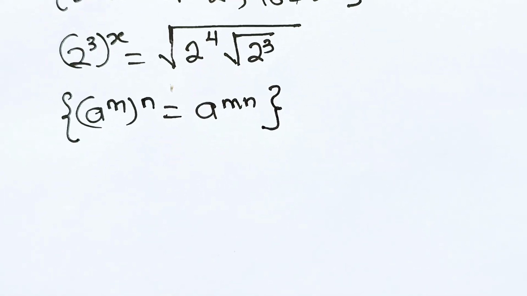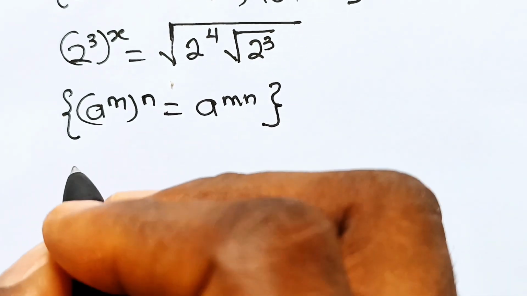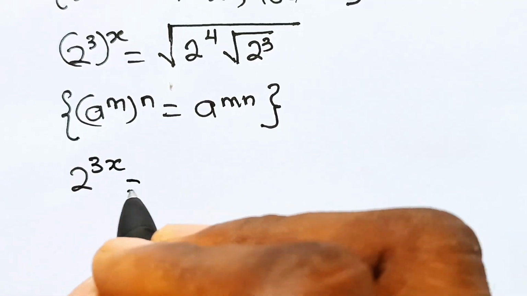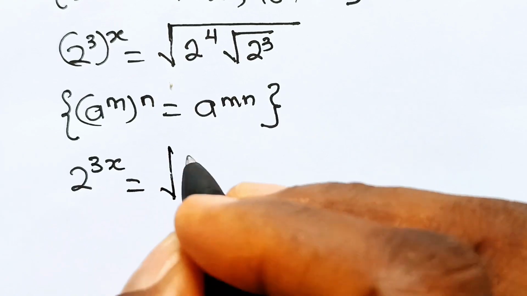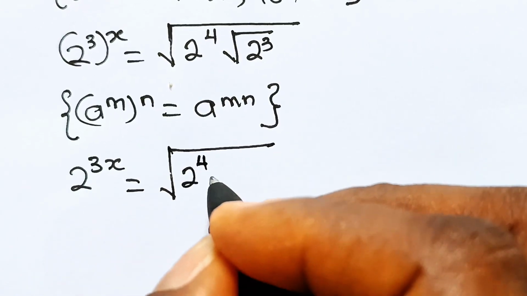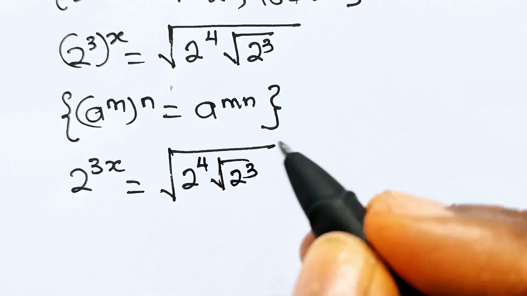That means that this is 2 to the power of 3x, right, is equal to the square root of 2 to the power of 4 root 2 to the power of 3.